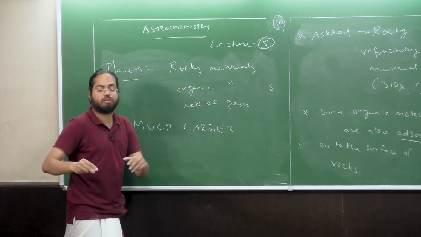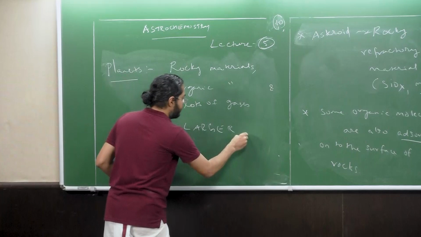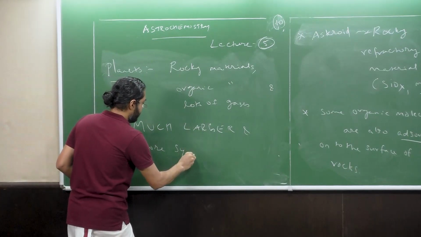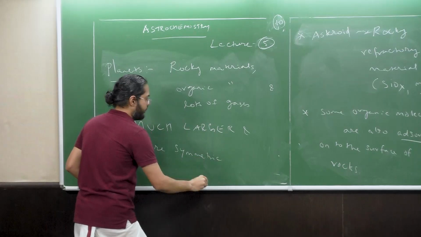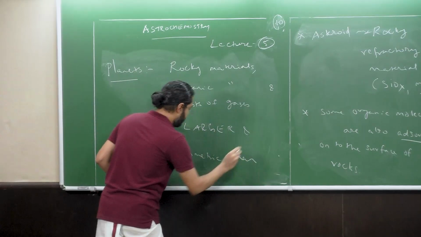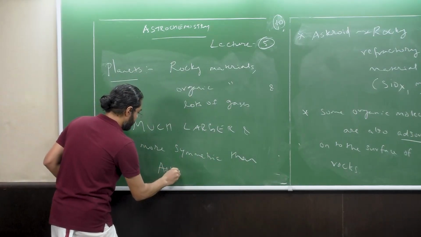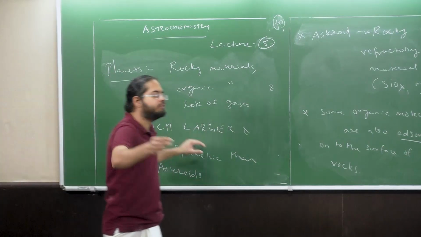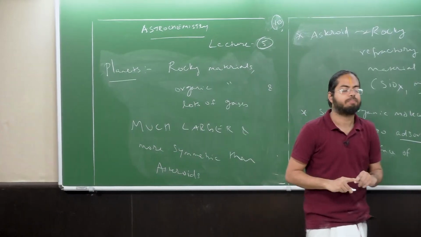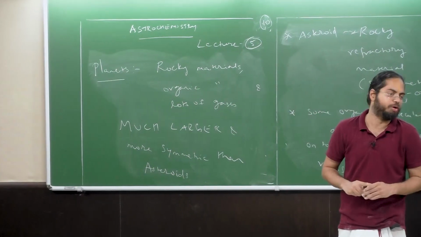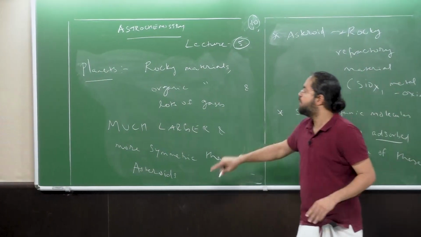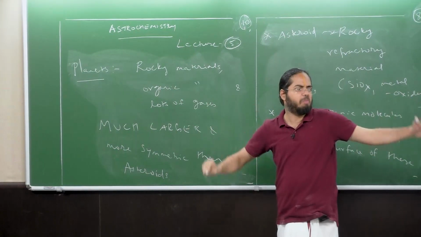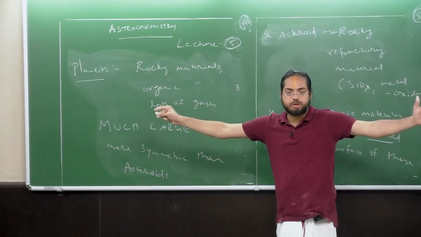Not just larger, they're also much more symmetric. So in the tutorials, we'll look into why a planet is much more symmetric than an asteroid. But for now, we understand that a planet is nothing but a much larger version of an asteroid, which is much more symmetric.